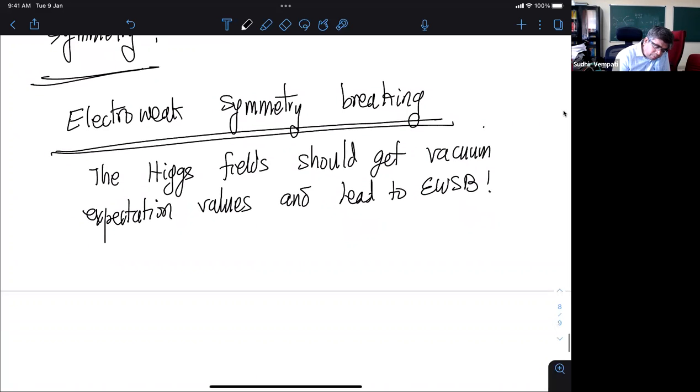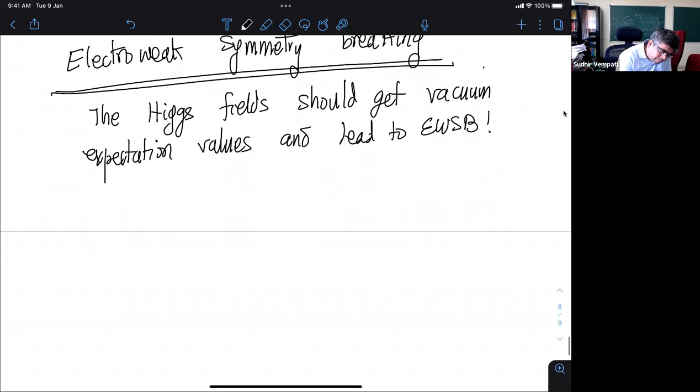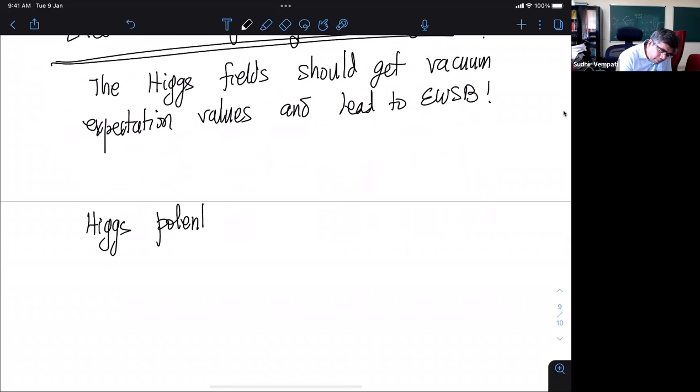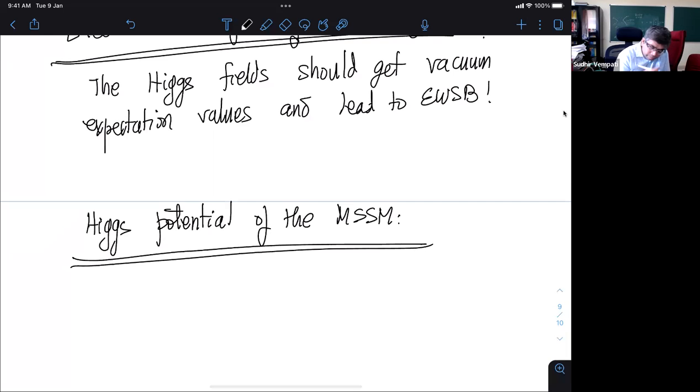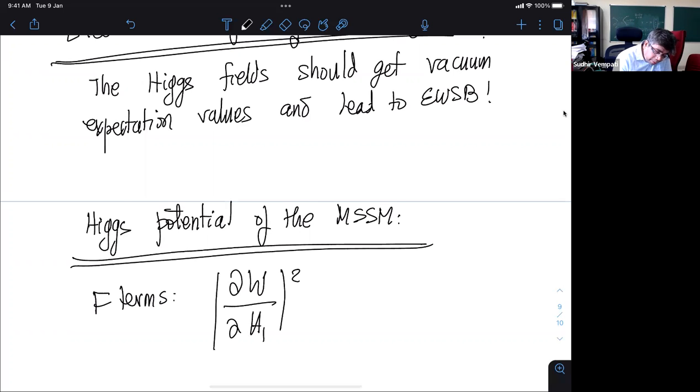Okay, so for this, we look at the Higgs potential. So the Higgs potential you want to see from the MSSM. So first is the F terms. F terms essentially coming from del W by del H1 whole square. So that gives me mu square H2 square.